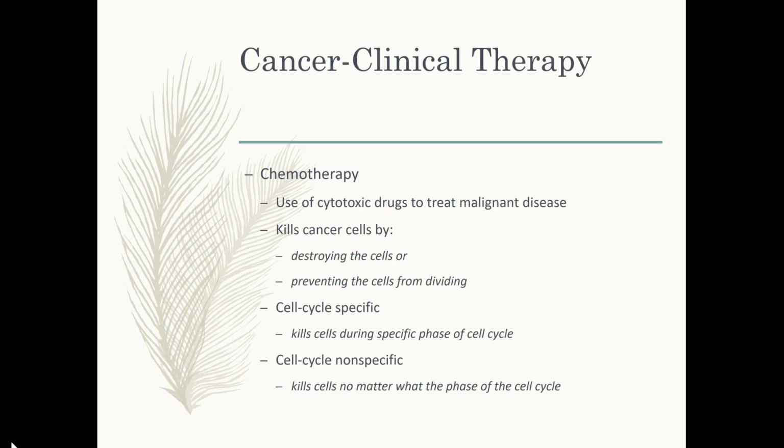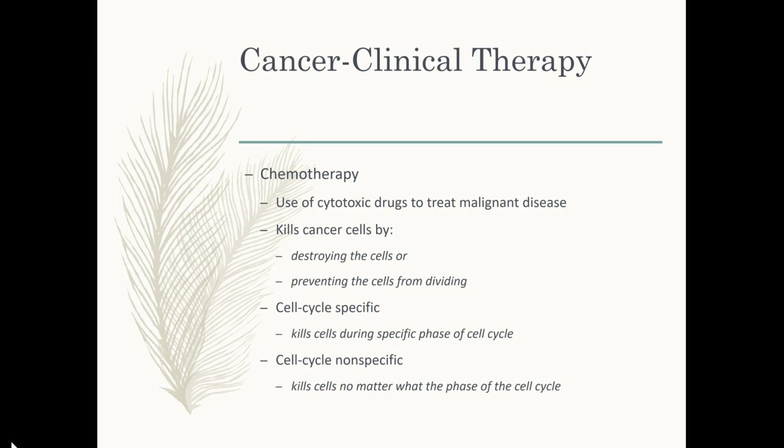Chemotherapy is the use of a cytotoxic drug to treat the malignant disease. It again kills cancer cells by destroying the cells and preventing the cells from dividing. It does not differentiate between the good cells and the bad cells, so it kills all of the cells.